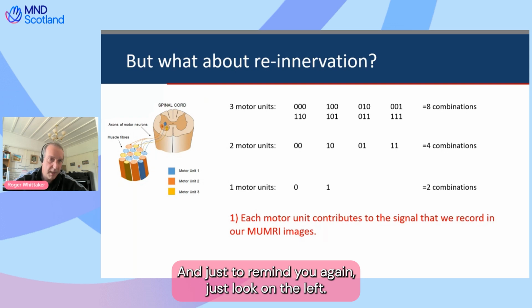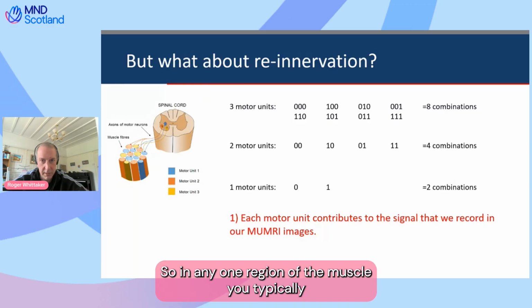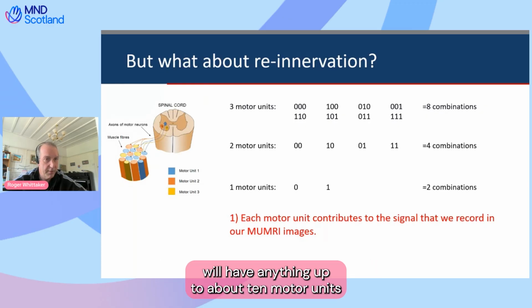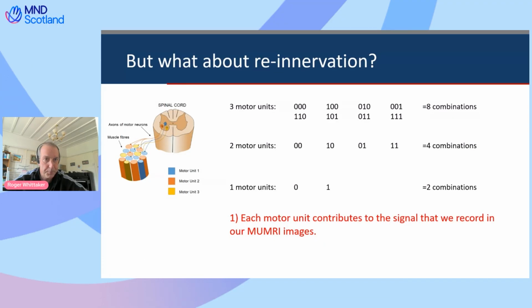And just to remind you, again, just look on the left, those motor units overlap. So in any one region of the muscle, you typically will have anything up to about 10 motor units overlapping, each potentially contributing to the degree of blackness.